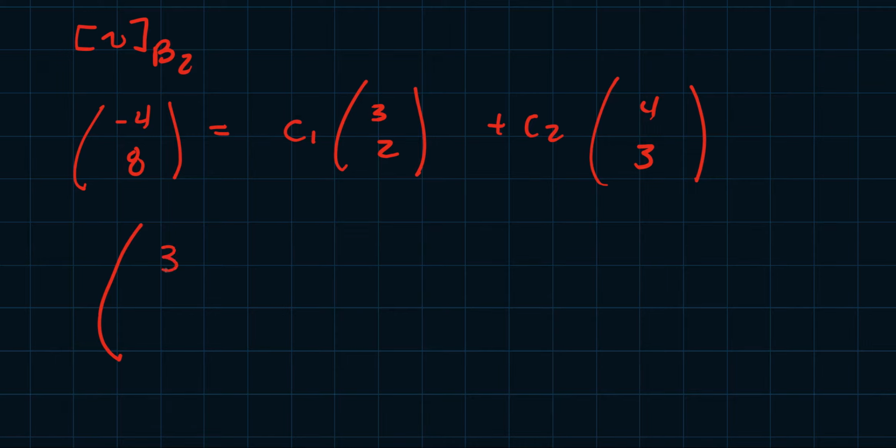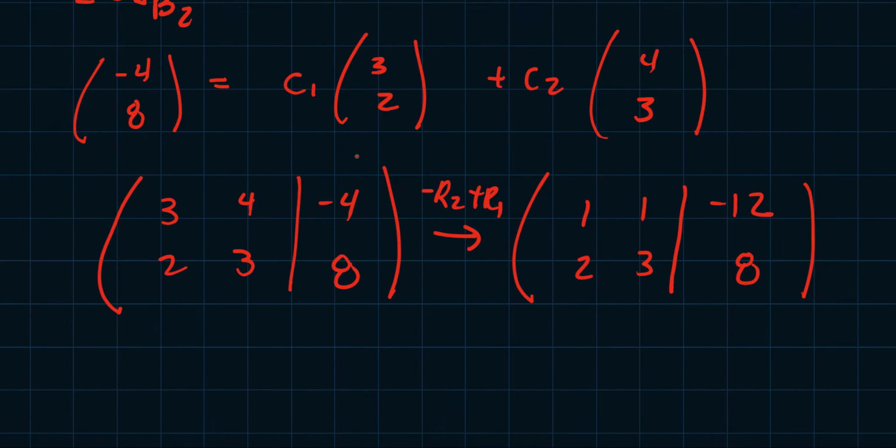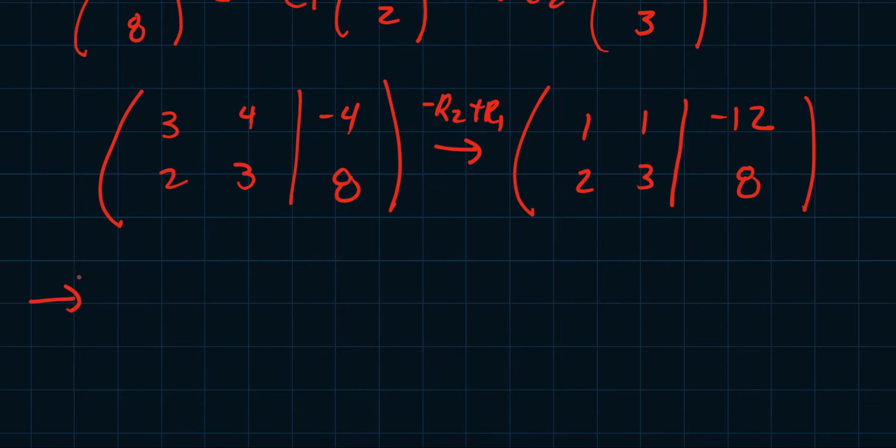So this is 3, 2, 4, 3, negative 4, 8. Subtract row 2 from row 1. We'll get 1, 1, negative 12, 2, 3, 8. Now I'm going to multiply row 1 by negative 2 and add it to row 2. I'll get 1, 1, 0, 1.